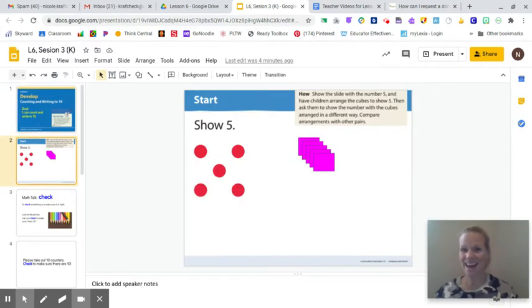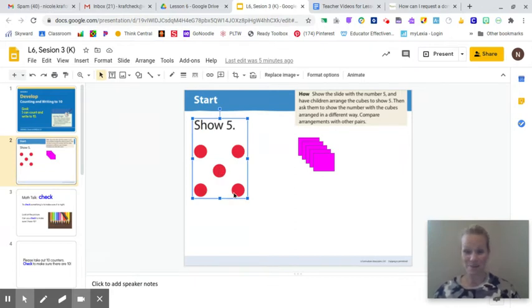All right, guys. So here, if you look at this slide, I have 5 dots here, okay? Could you count them with me? Let's do it. 1, 2, 3, 4, and 5. I have 5 dots.